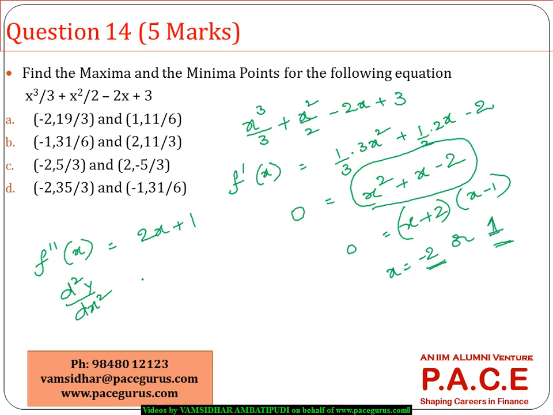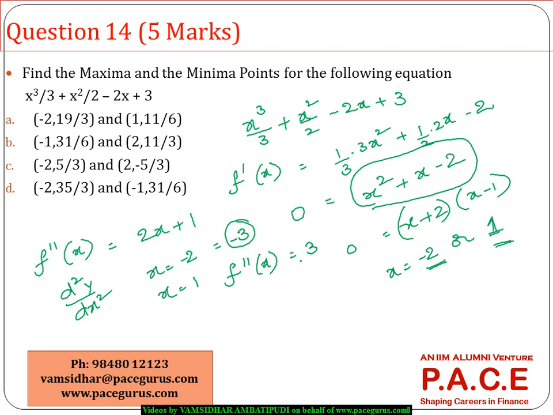So substitute x equal to minus 2: minus 4 plus 1, I get f double dash of x as minus 3. When I substitute x equal to 1, f double dash of x comes out to plus 3.